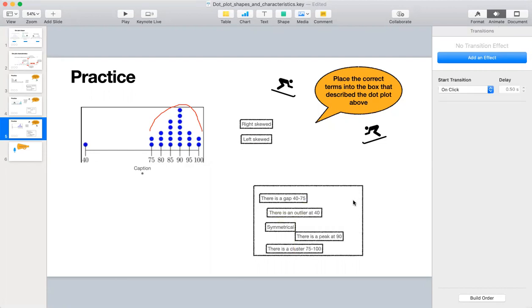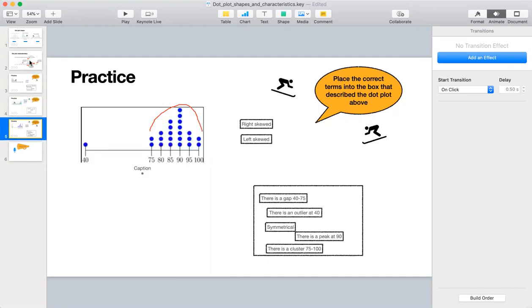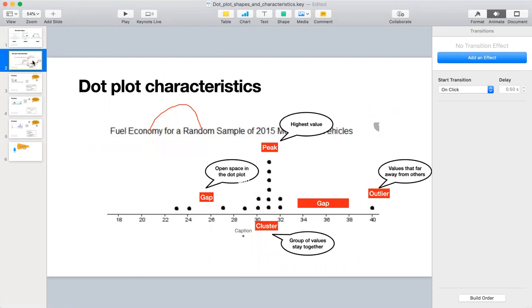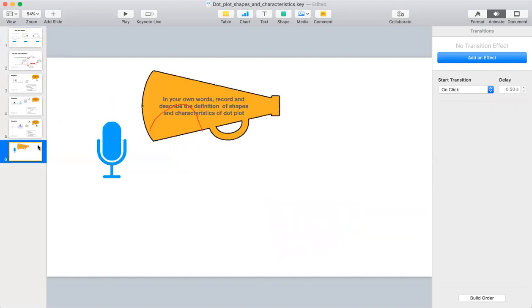Okay, so we just learned the shape and the dot plot characteristics. When you see a dot plot, you will know whether they have any specific gap, peak, cluster, or outlier, or whether the shape is symmetrical, right skew, or left skew. On the last page, you're going to record under media.